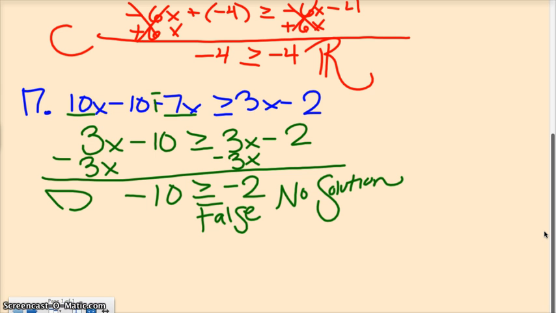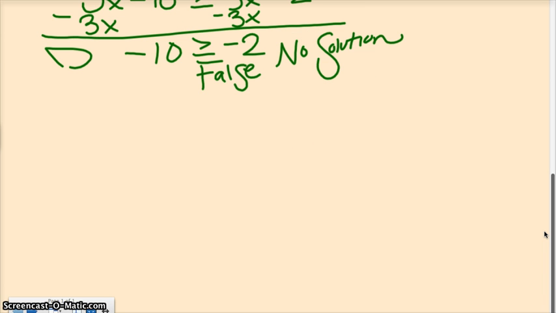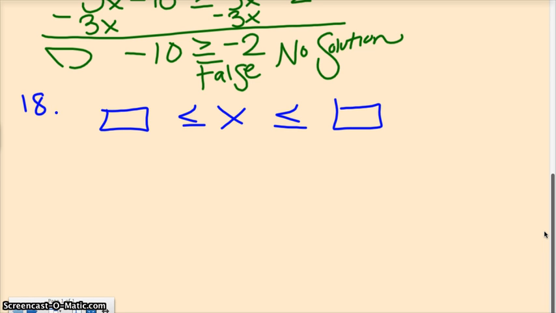18. It says, which graph represents all real numbers that are greater than or equal to negative 8 and less than 8. So that tells me it's an and statement. So it's going to look something like this. x is smushed in between negative 8 and 8.